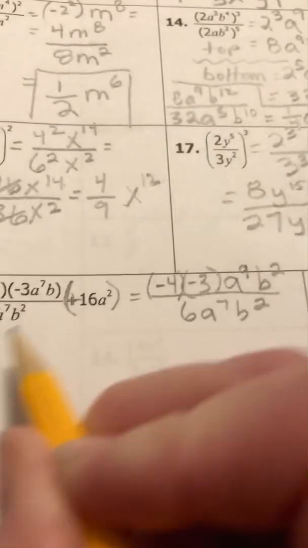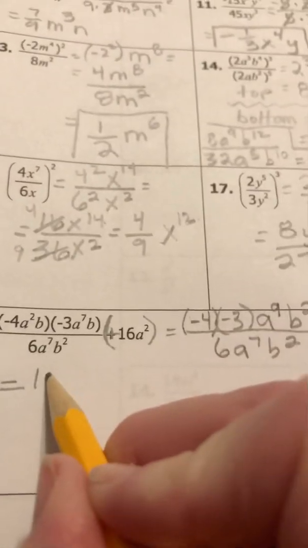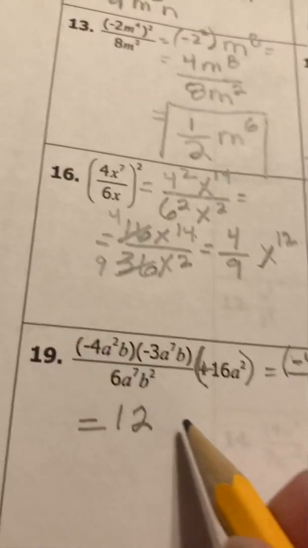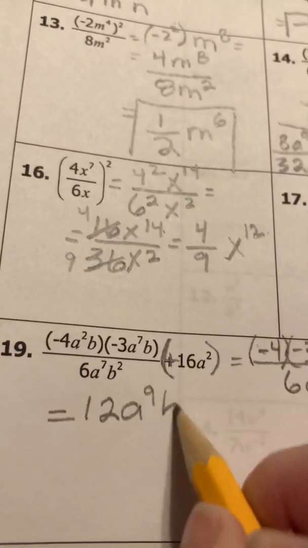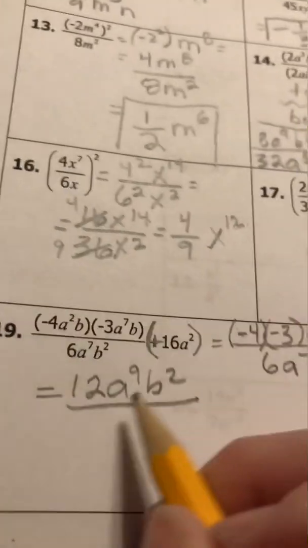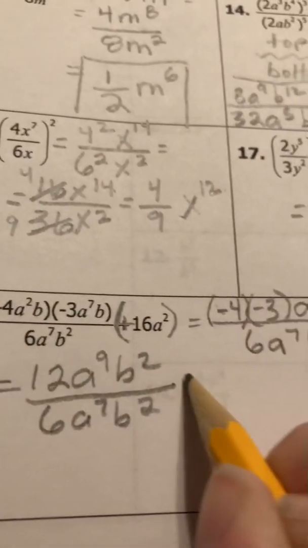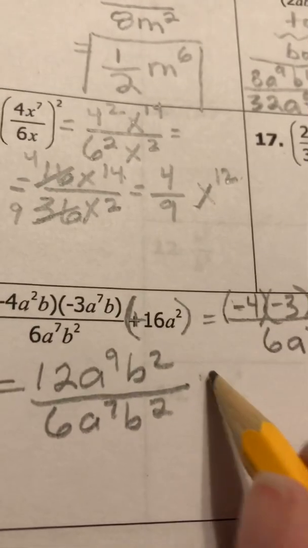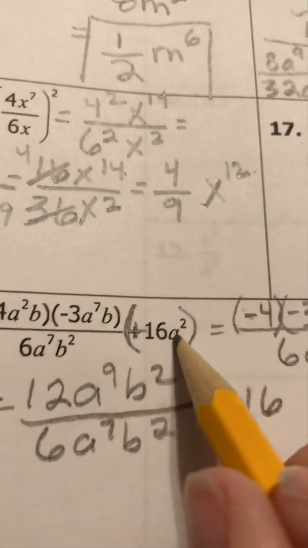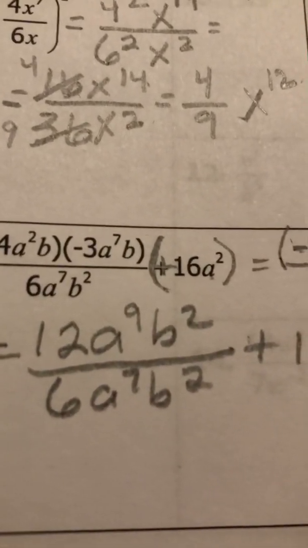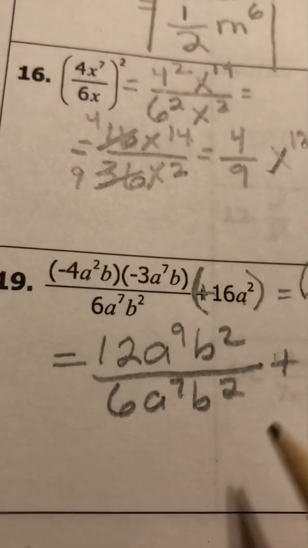So this is going to end up being 12. -4 times -3 is 12. A to the 9th, b squared, over that same bottom, 6a to the 7th, b squared, plus, and I'm going to now bring back my other term here.